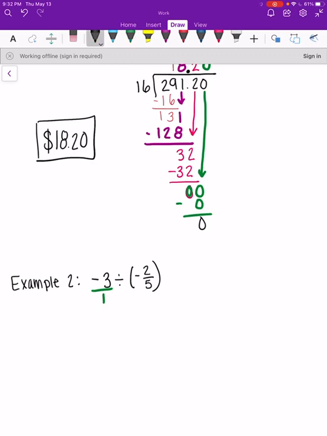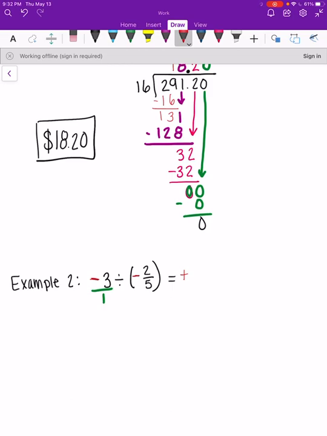And before we do anything, we know that our answer is going to be a positive number because a negative divided by a negative is going to be a positive. That way we don't really have to worry about the negative signs anymore.